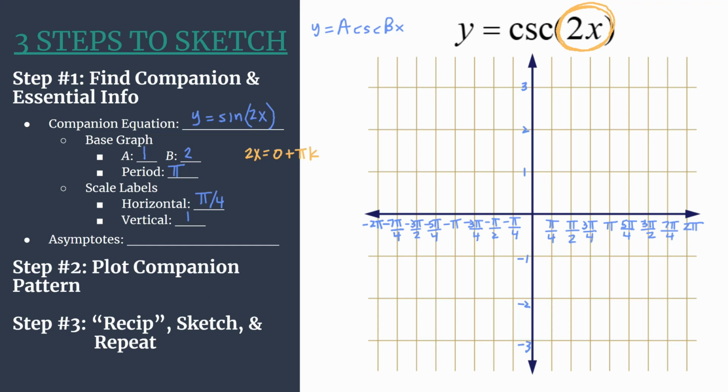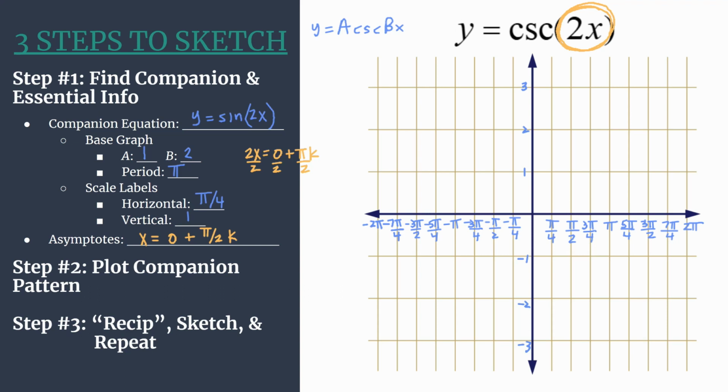Now we want to divide everything by 2 to get x isolated, and we'll write that down in the space for the asymptotes equation. x equals 0 divided by 2, of course, is 0. So we have 0 plus pi over 2 k. A little bit more on k. Substitute in different integers and it'll give you a different asymptote along your cosecant 2x graph.